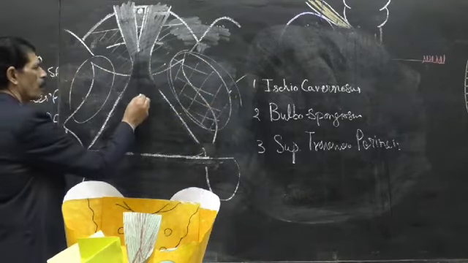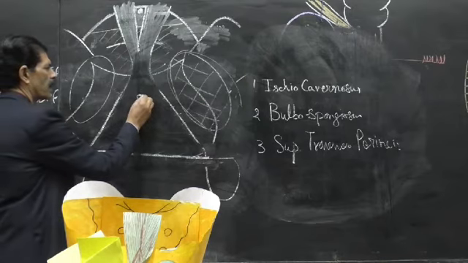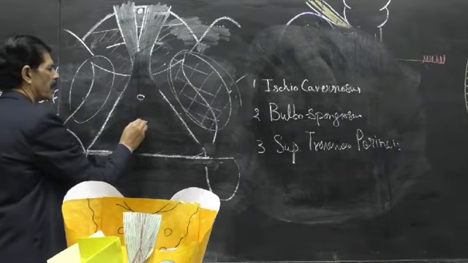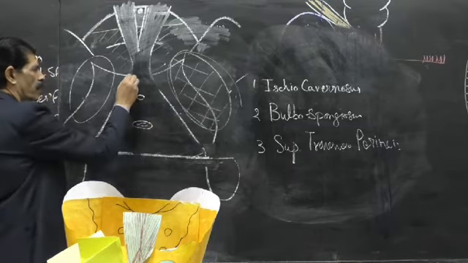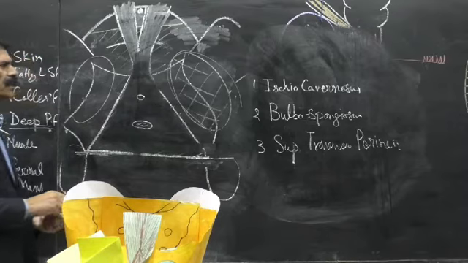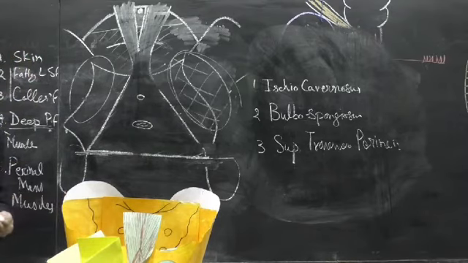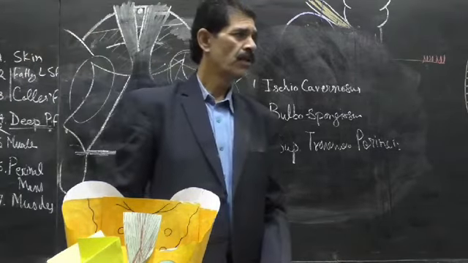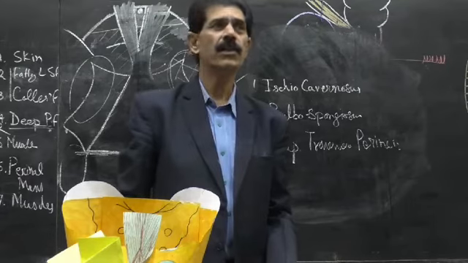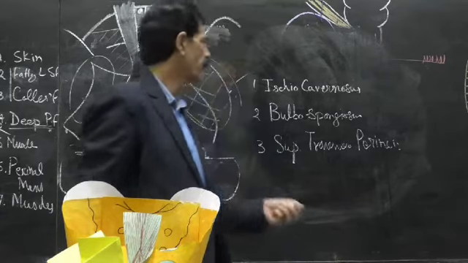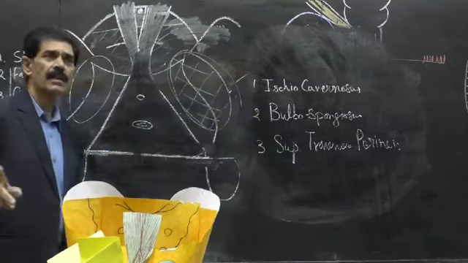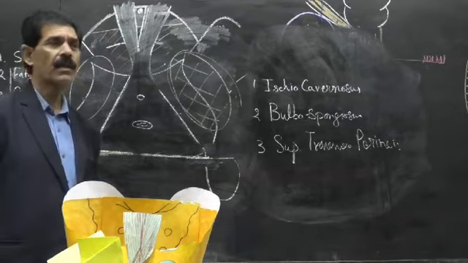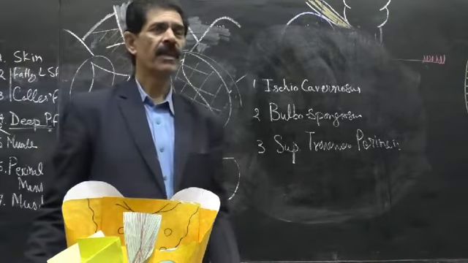We know there are two openings here: the urethra, and in the female, the vagina is also here, in the urogenital triangle. So let's go into the names of the muscles. Ischiocavernosus. Ischio means its origin, so it originates from the ischiopubic ramus. Then the second word is cavernous. We have also done the cavernous sinus in the head and neck.